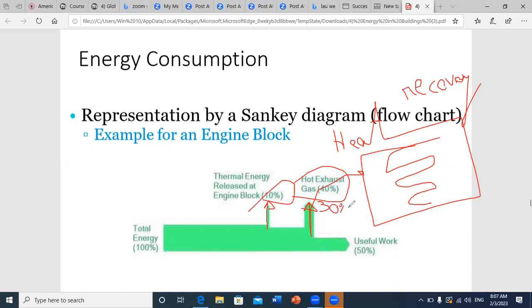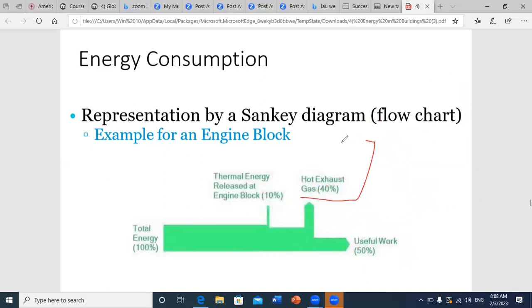Then you will increase your efficiency from just 50%, which is the useful work, to 80%, because your total efficiency now will be the useful work and the useful heat you can extract from exhaust gases. So heat recovery systems can increase to a large extent the performance and energy efficiency of a system. And this will be one of the major interests of passive building strategies.